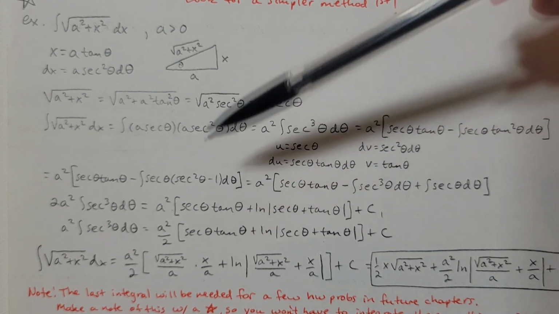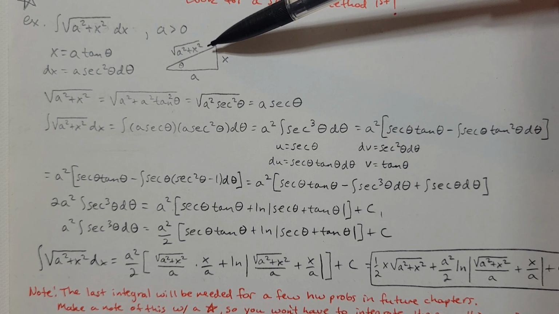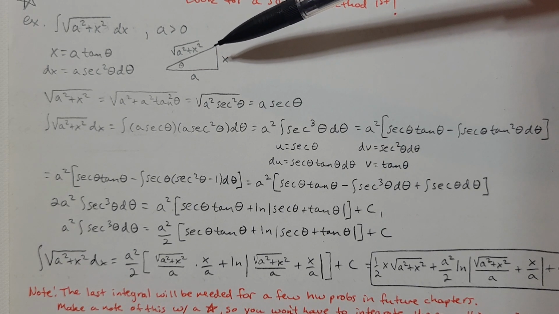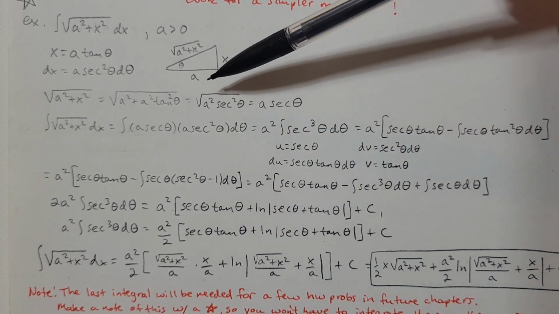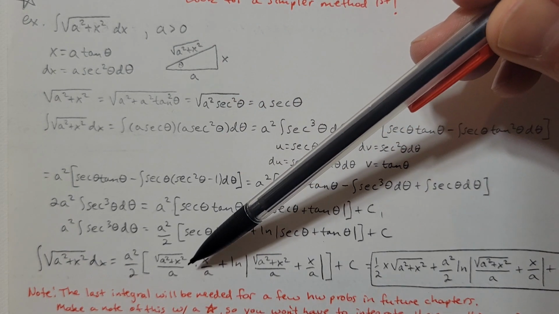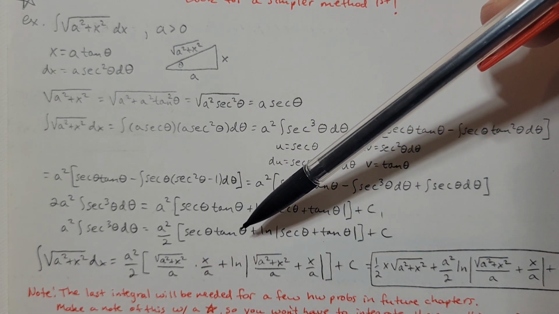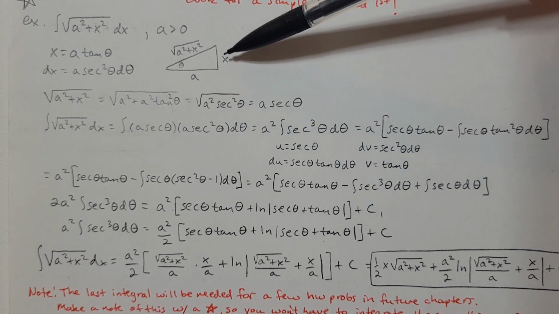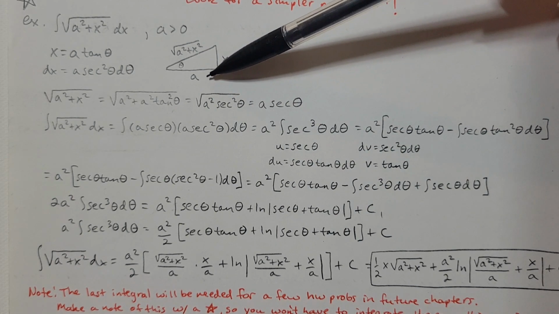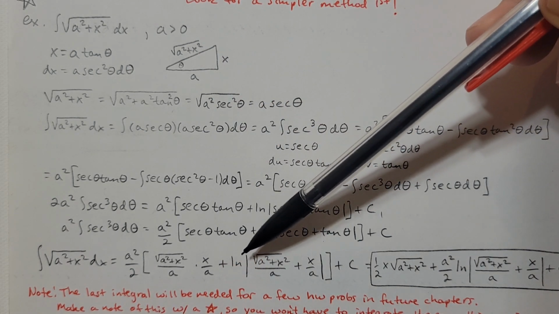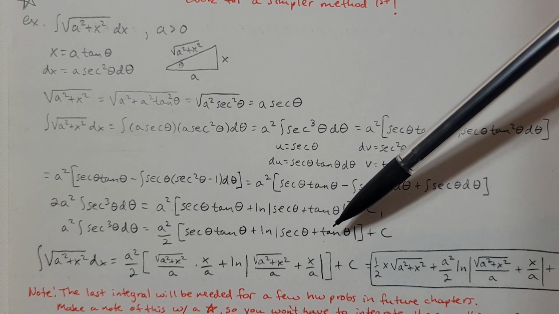So the hypotenuse is the square root of a squared plus x squared, and the adjacent side is a, times tangent theta, that's opposite over adjacent. The opposite side is x, the adjacent side is a, plus the ln of secant theta plus tangent theta.